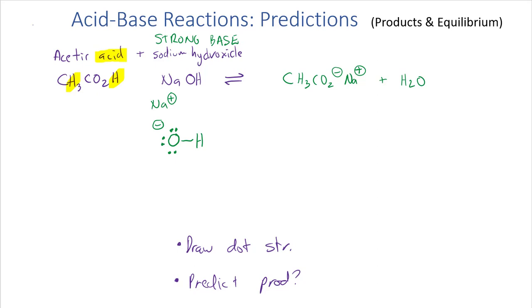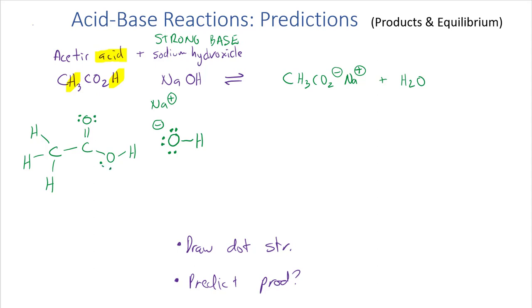Now for acetic acid, we can use this structural formula format to help us recognize that there are 3 hydrogens on the first carbon, and that the 4th hydrogen is actually on one of the oxygens.